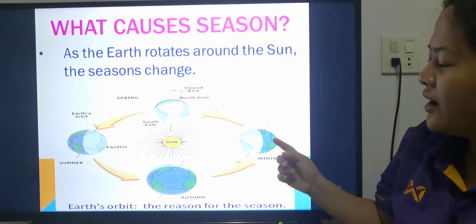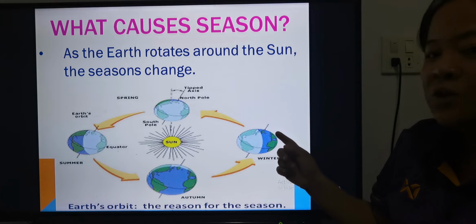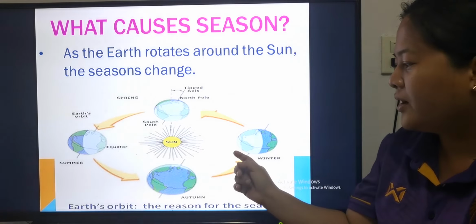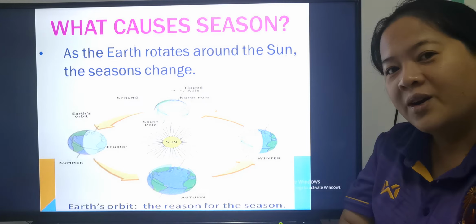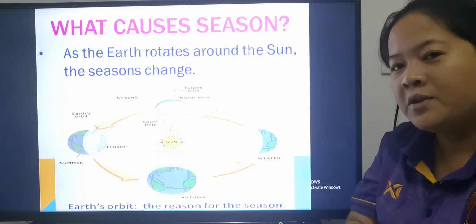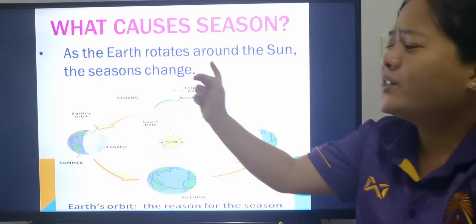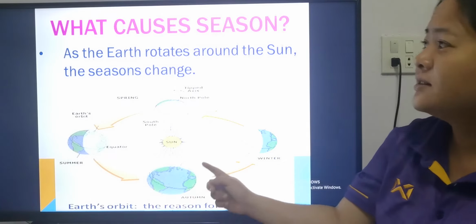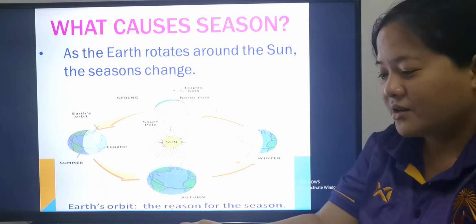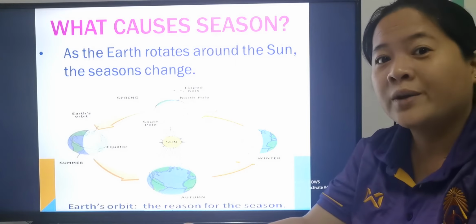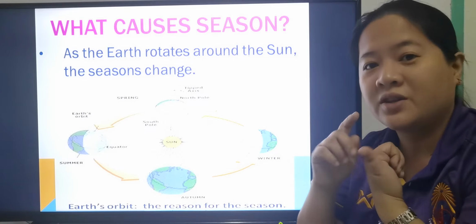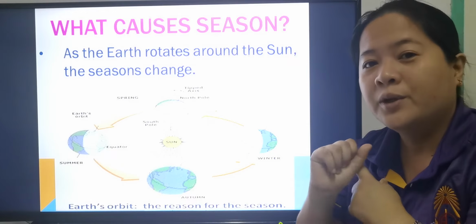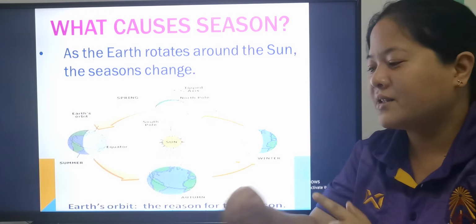In this part, it's winter in the northern hemisphere, and in the southern hemisphere it's summer, and it will change. I hope you understand. These are the causes of seasons, why we have seasons. It's because the Earth is tilted, and because the Earth orbits around the sun.